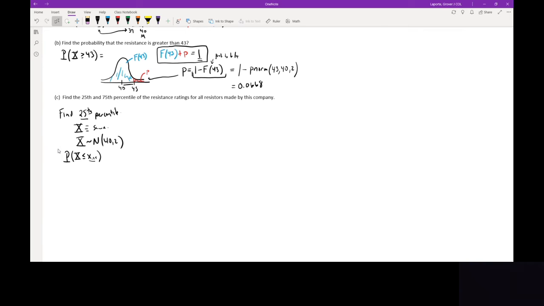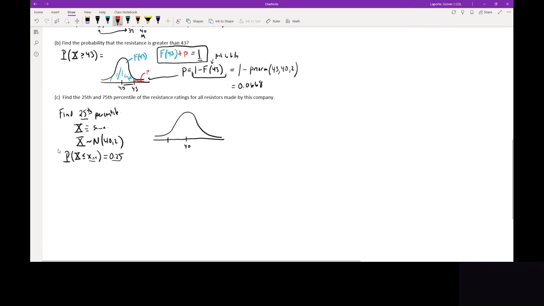So I'm just going to name this x sub 0.25, and we want this probability to equal 0.25. So let's draw on a graph what that looks like. Another bell curve. You would think I would get better at drawing these, but I do not. So 40, and we're looking for some number, and because it's less than 0.5, I know it's going to be to the left over here.